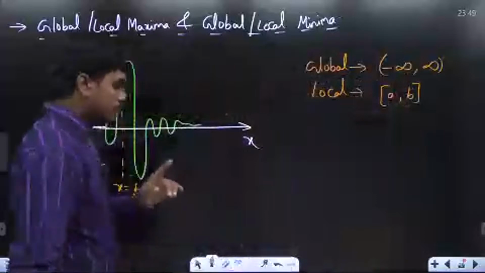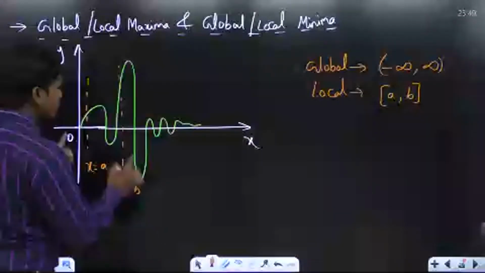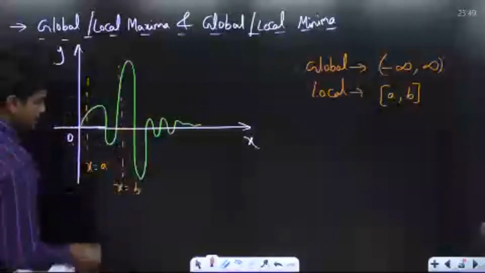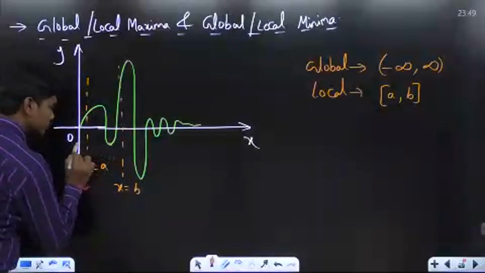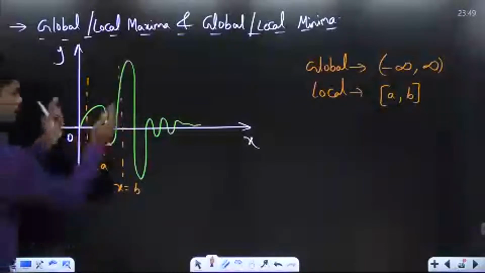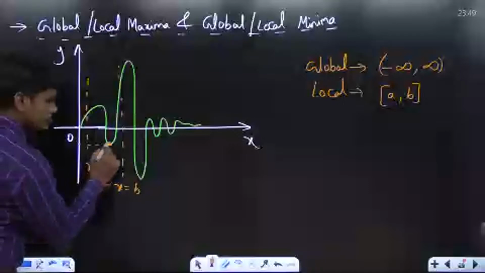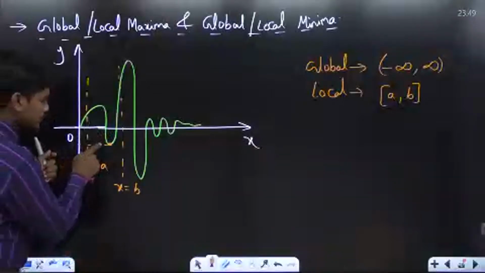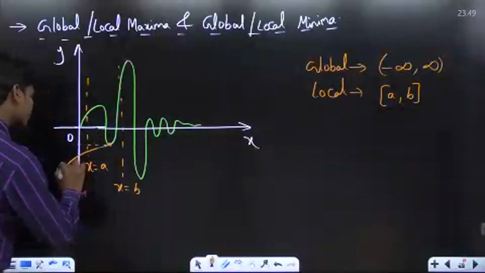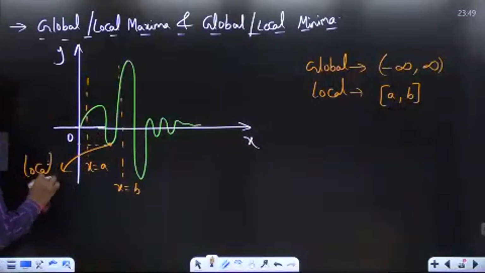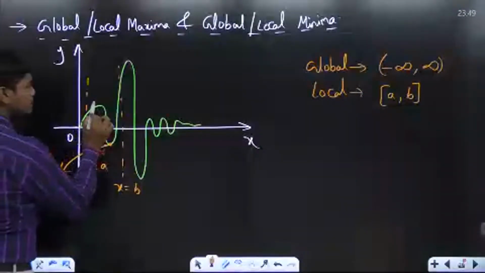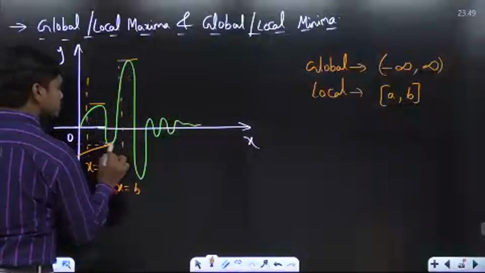Now, if I ask you what is the local minima of this function in this interval, your answer will be this point, because within this interval of A to B, this is the value where it is minimum. Correct? So this is called local minima. At every such point tangents are 0, meaning derivatives will be 0.